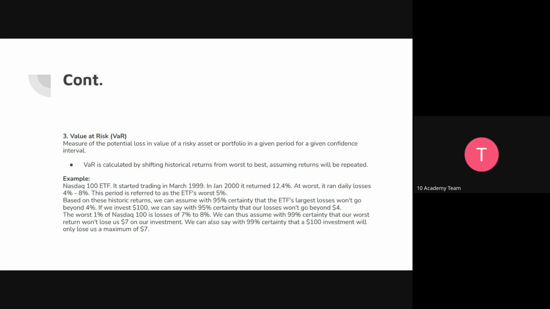Then with 99% certainty, you're not going to lose more than 7% in that period. So the VAR value was 4% for 95% certainty, and it changed when we changed the level to 99, because we looked at the worst 1% of the returns.